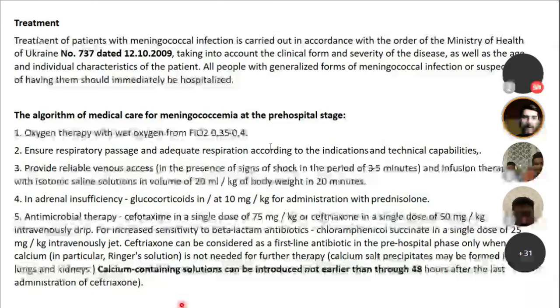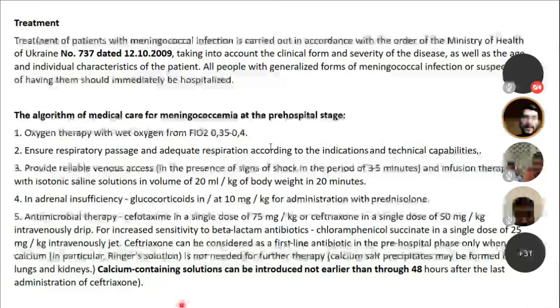Tell me, what is the minimum pressure for the kidneys to function? 60. Okay, yeah, 65 actually.